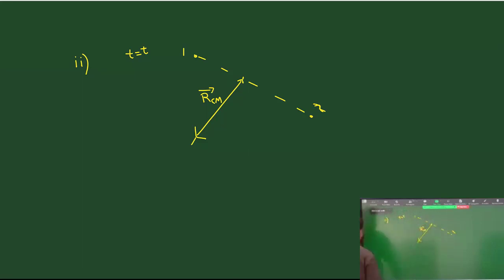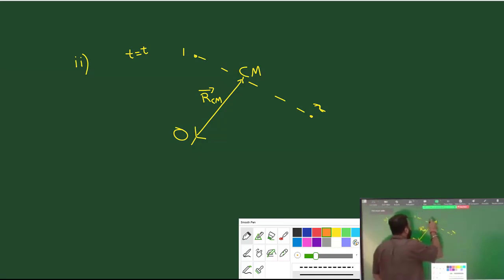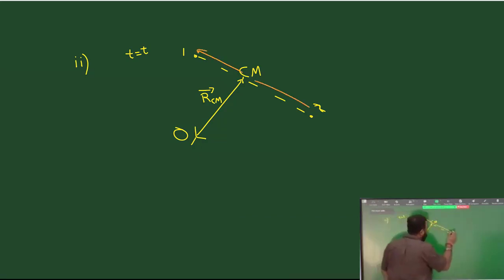One thing is very clear, this is the origin. This is the center of mass, and his path is known. One thing is clear, with respect to the center of mass, this vector and this vector will be opposite, no?